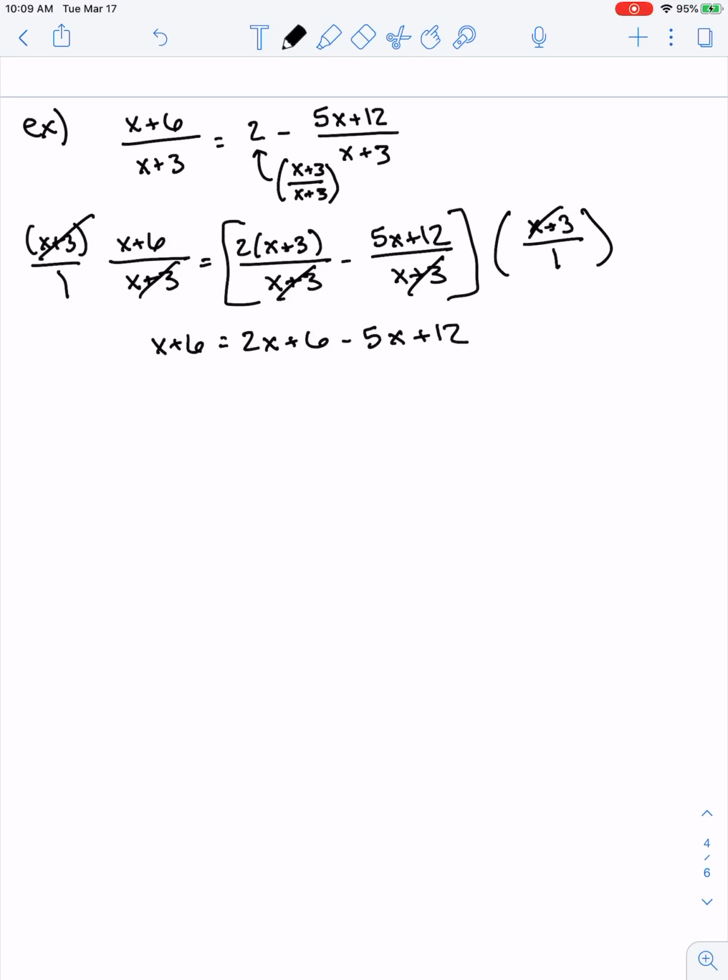So I get x plus 6 equals negative 3x plus 18. Add 3x. Subtract 6, and I get 4x equals 12, or x equals, oh, this was a plus 3x. Did I?